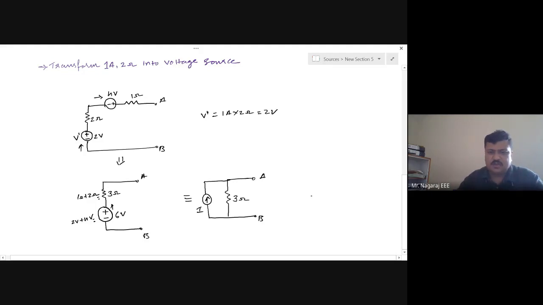So the final current I, or I total, whatever you can call, is given by source voltage divided by series resistance. That is 6 volt by 3 ohm, which is 2 amperes. So this is the solution for the circuit shown.